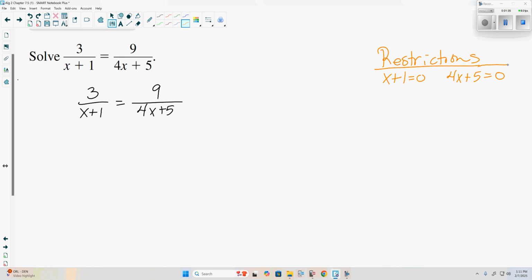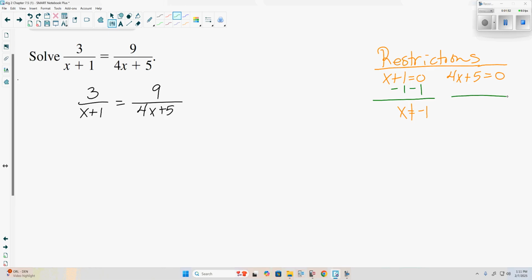With x plus 1, we can subtract 1 from both sides, telling us that if x is negative 1, it would give us a denominator of 0. It cannot be a solution. It's an extraneous solution.